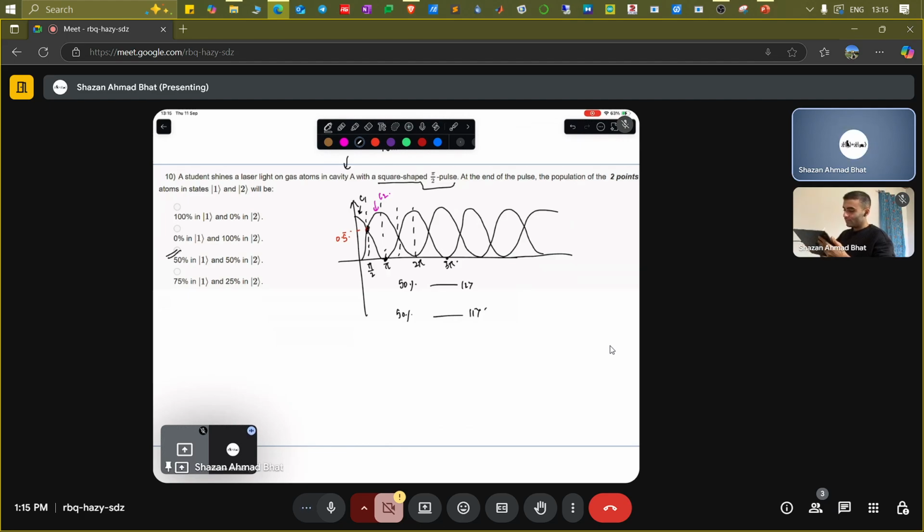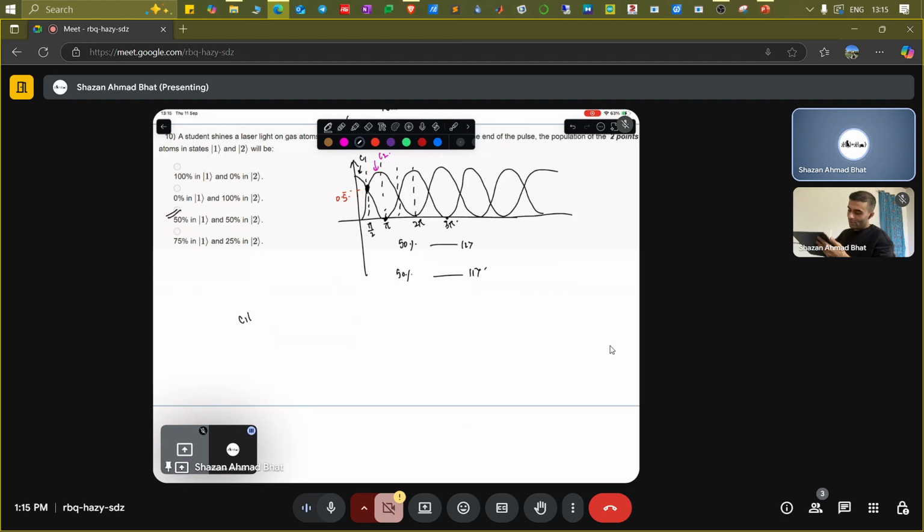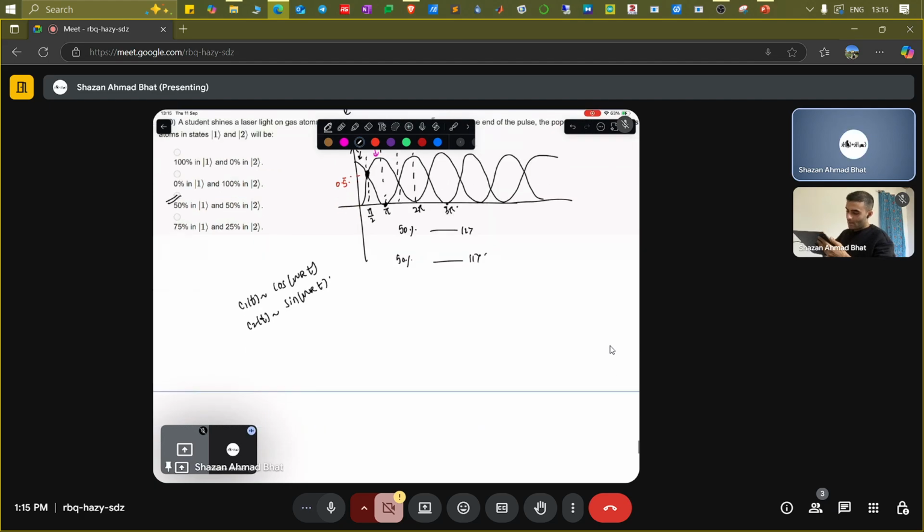Similarly, if you just solve those equations, wherein C1 of t is proportional to cosine of omega r t and C2 of t is proportional to sine of omega r t, then this omega r is basically mu 12 times the electric field amplitude divided by h bar, its square, I guess. Was there a square? I don't think so. It is somewhat like this.